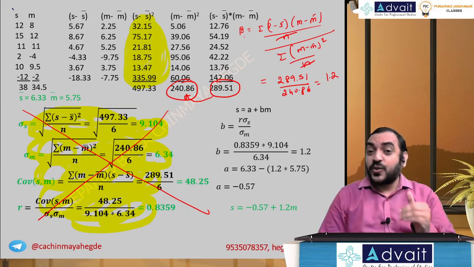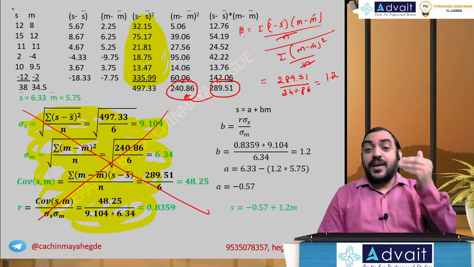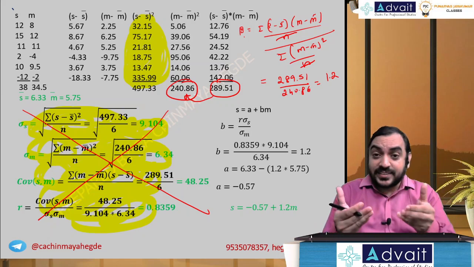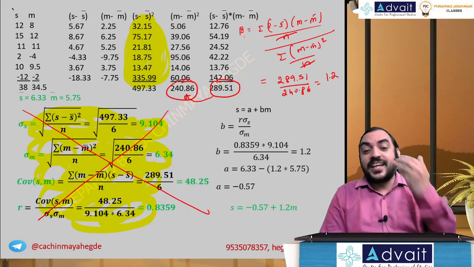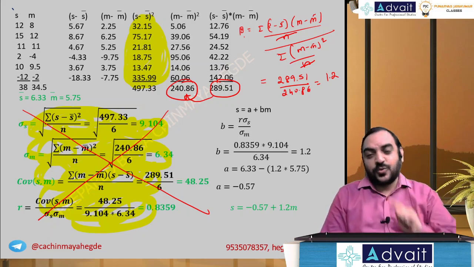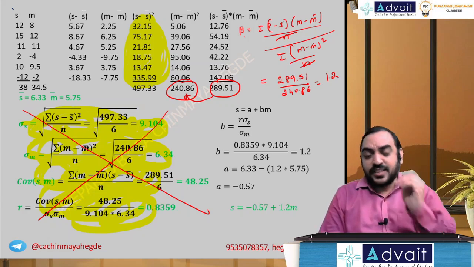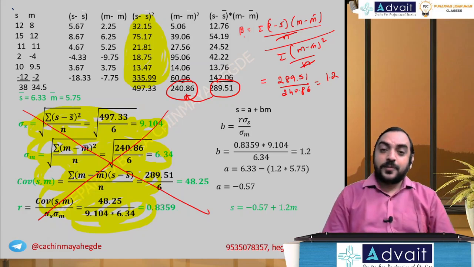But the second part of the question is there: systematic risk, unsystematic risk, we have to do risk analysis. And when we do risk analysis, we need standard deviation, we need correlation. So for that purpose, I have calculated this number.